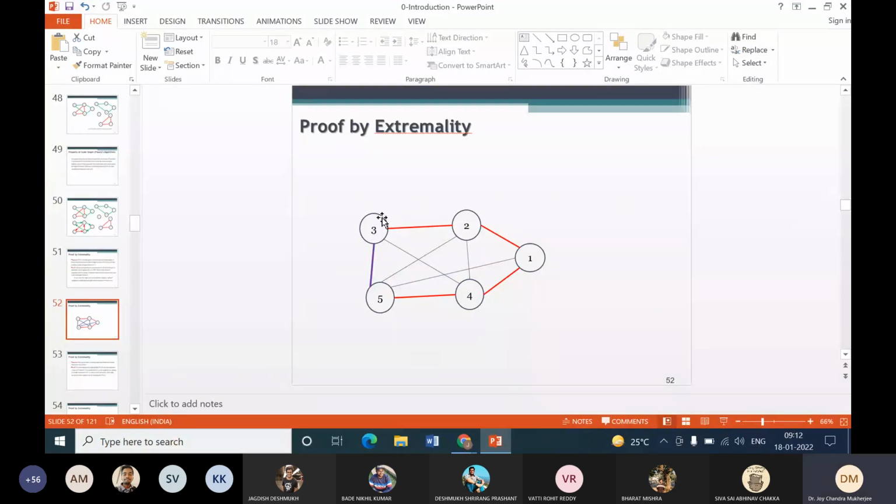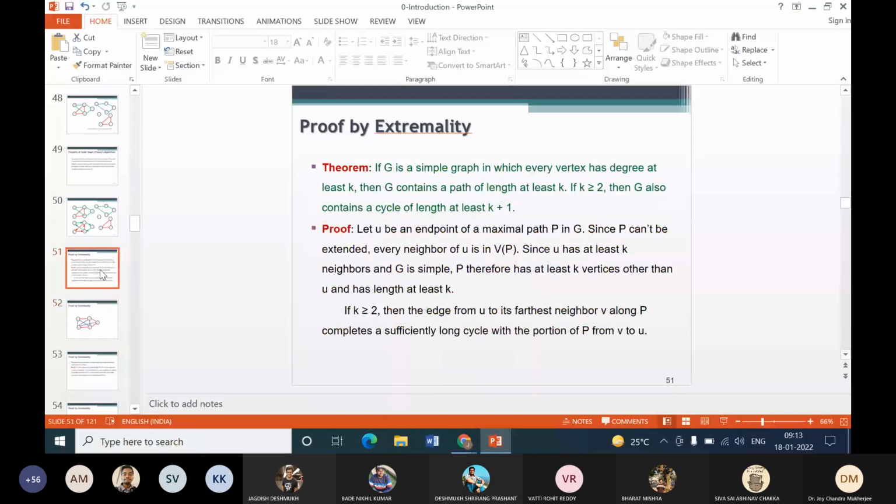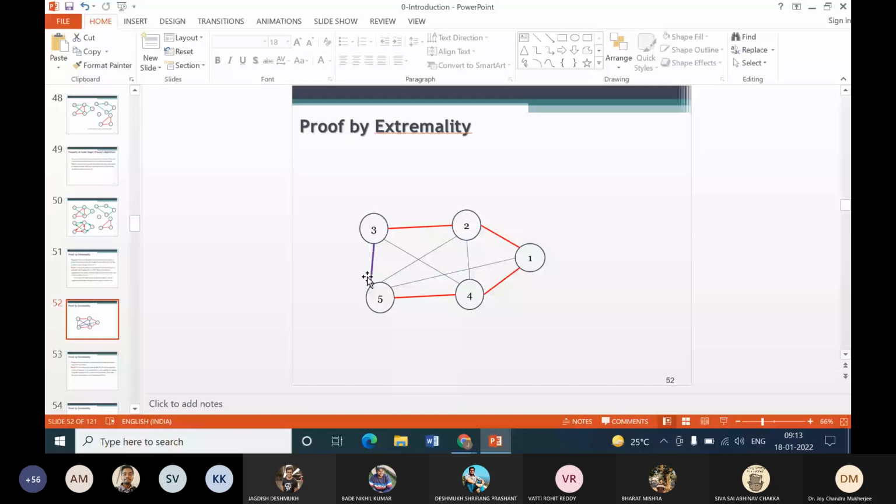And it says that if k is greater than or equal to 2, then G also contains a cycle of length at least k plus 1. This is also very simple to see, because this path of length k plus this edge will give a length of k plus 1.